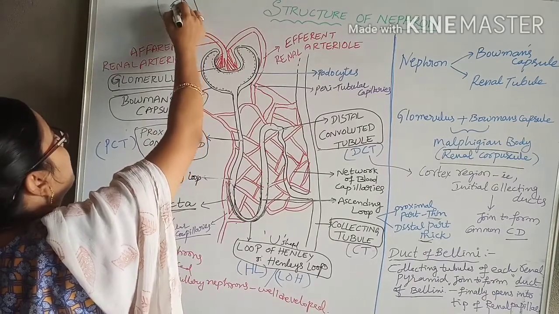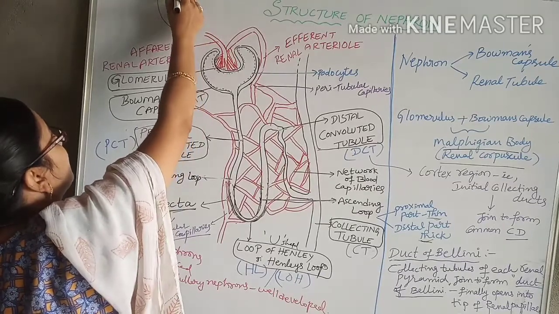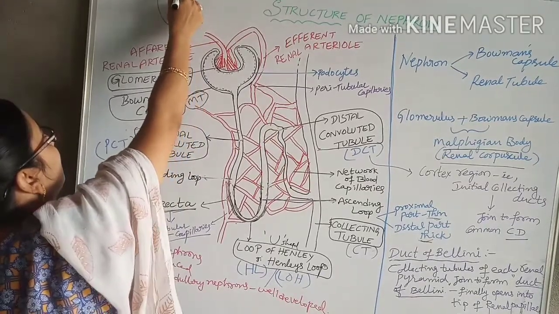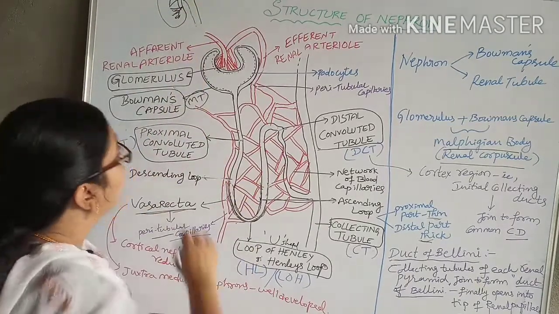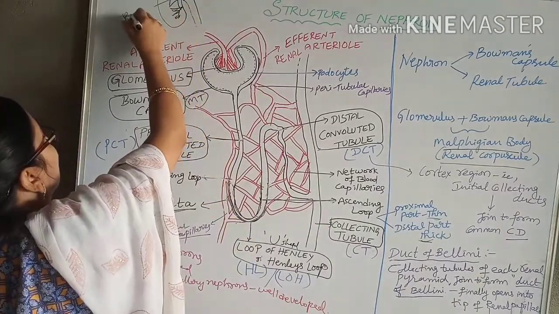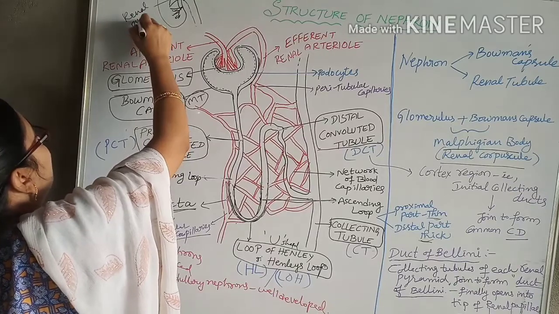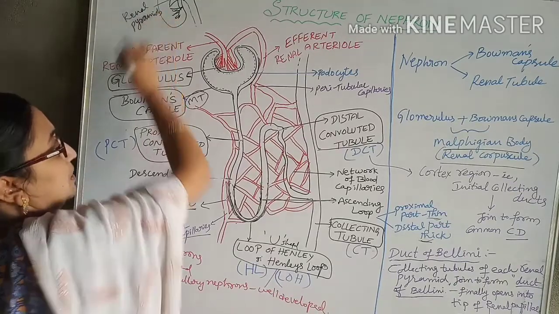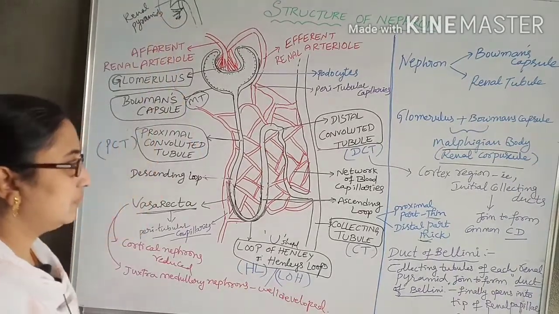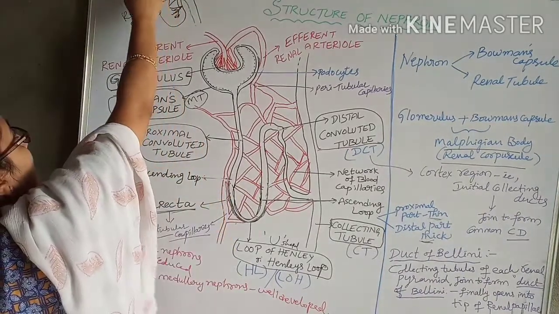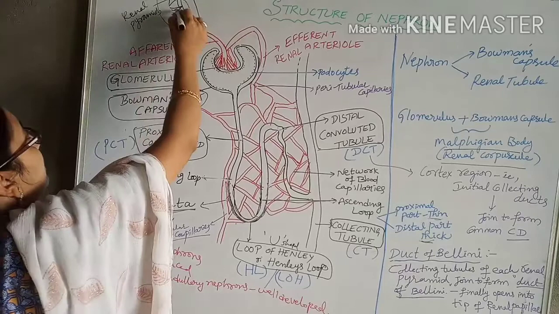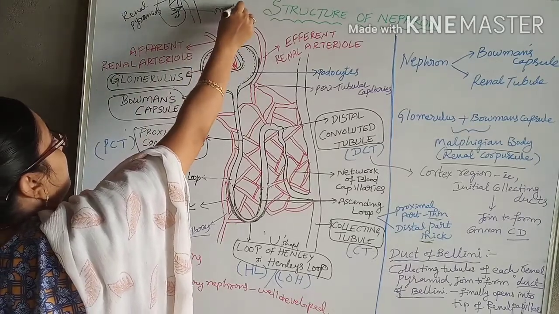Renal pyramids. So these are the renal pyramids, they are joined to each other. This is the cortex region and this is the medullary region.